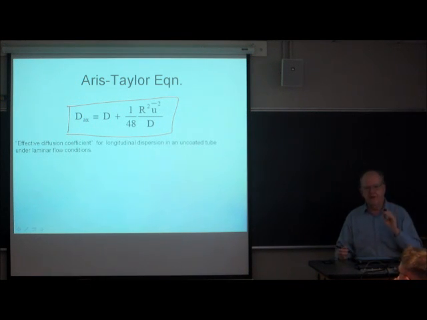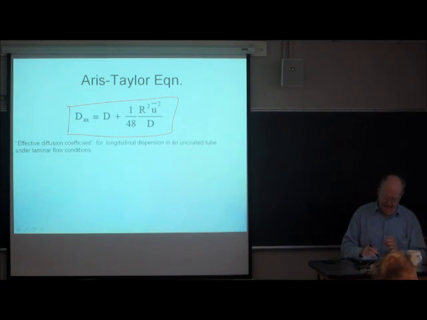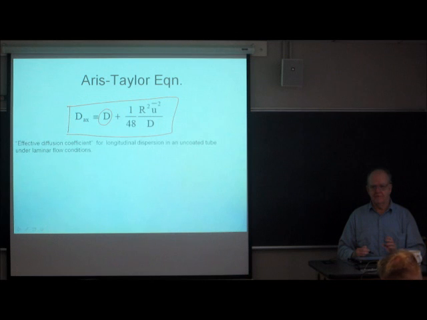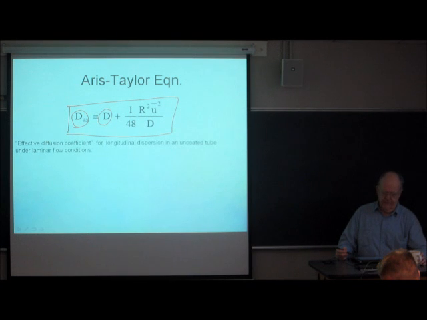What this equation is telling us is that the broadening acts like diffusion. This is a pure diffusion coefficient. This number here is a dispersion coefficient, but it acts like diffusion.